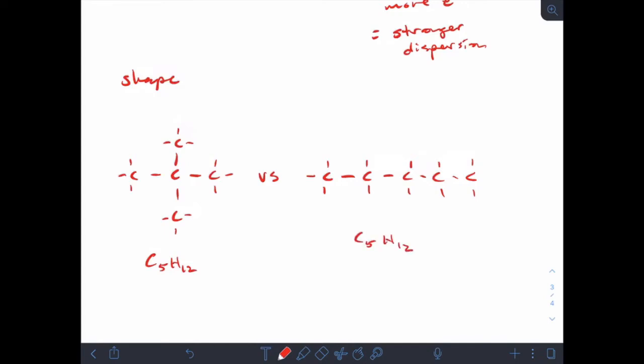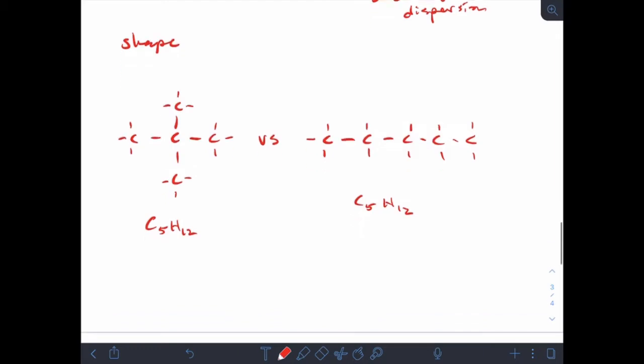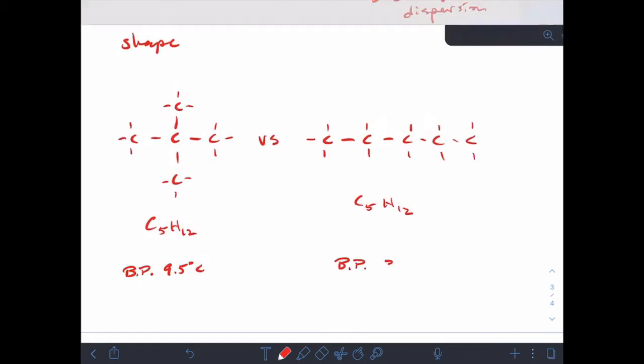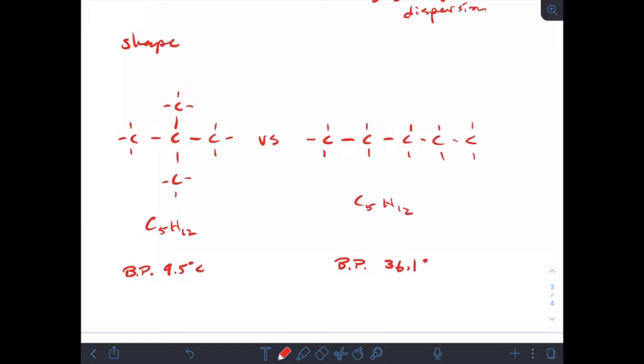So same molar mass, same amount of electrons, but my boiling point for the branched one is 9.5 degrees Celsius, whereas my boiling point for the long straight one is 36.1 degrees Celsius. So stronger forces are involved here.